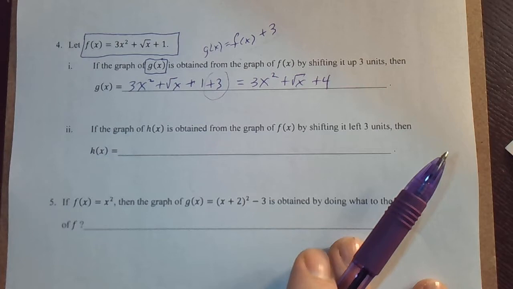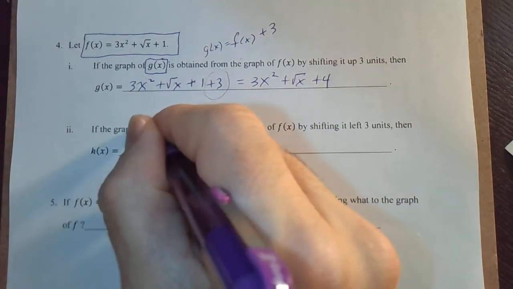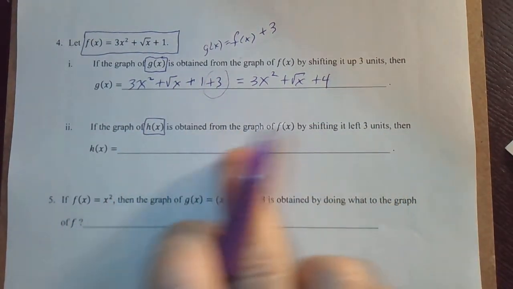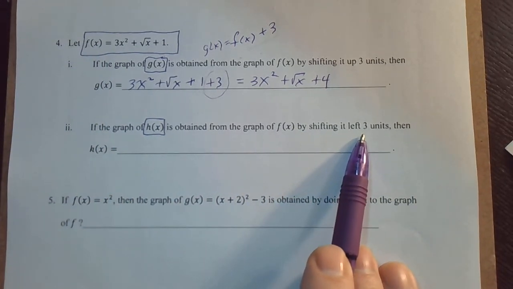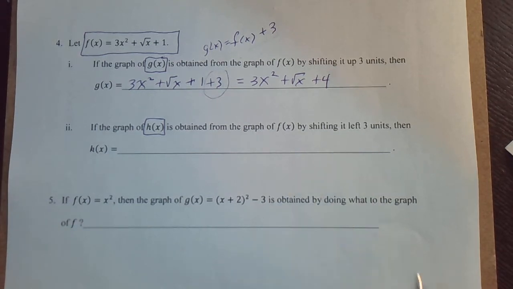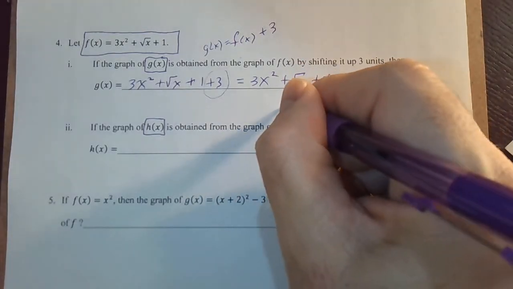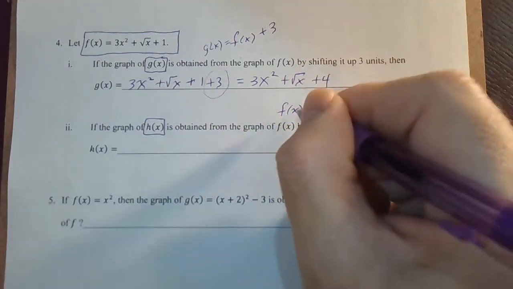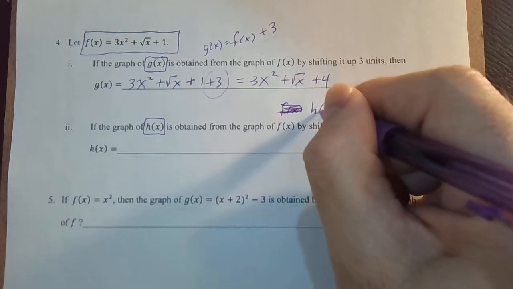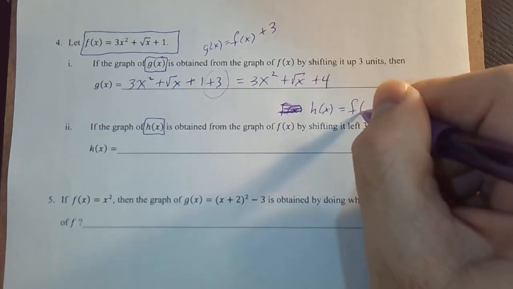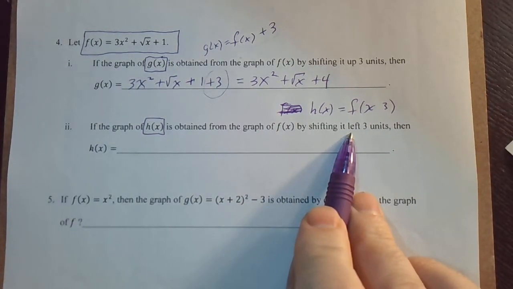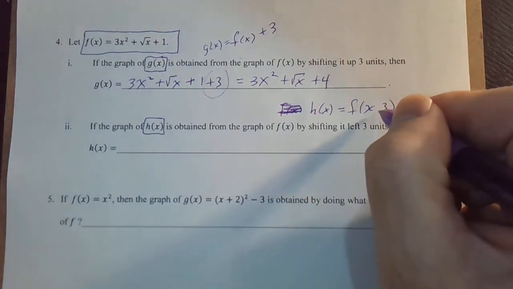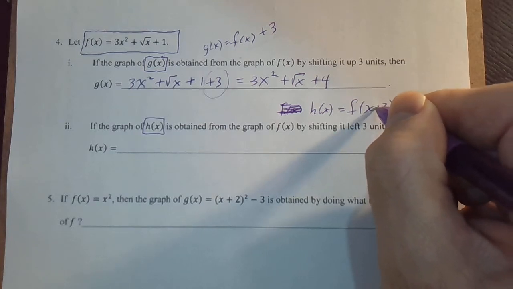All right, the second one. If the graph of h of x, a new function, is obtained from this function f, but we want to shift it left 3 units, how do we shift something left 3 units? Well, h of x would need to be f of x, what will it be for left, plus or minus 3? It's not minus, it's plus. It's the opposite of what you might think.